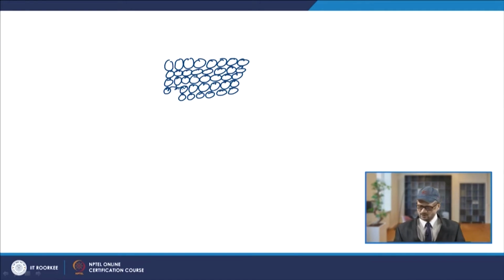Now, in the case of twinning, what happens is that in a certain region you will have the atoms arranged, and then the atoms will move like this.